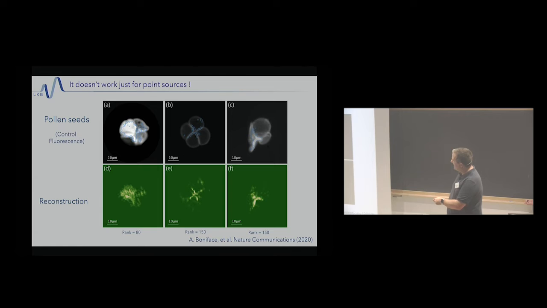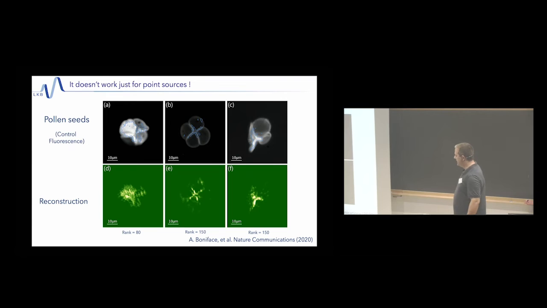This is what you get with a bright field microscope, and when you do the reconstruction, you get something like this. So this is another one, and you can see they somehow resemble the objects. It was actually encouraging enough and good enough to publish. But of course, you need a little bit of faith in what you're doing to see some resemblance between the top and the bottom line.